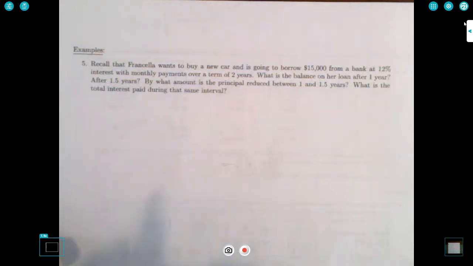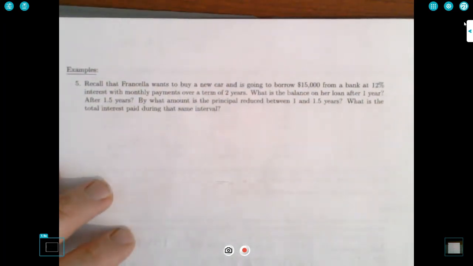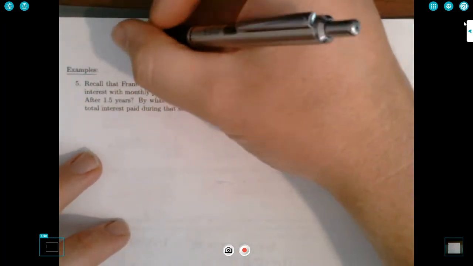So, first of all, it's maybe helpful to remind ourselves of the formula there on the previous page.